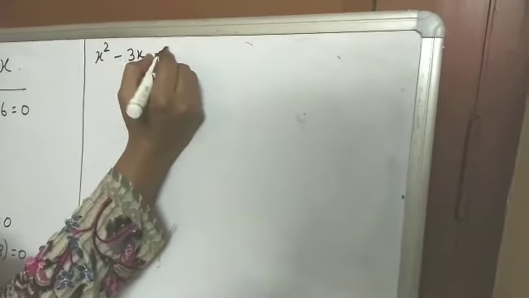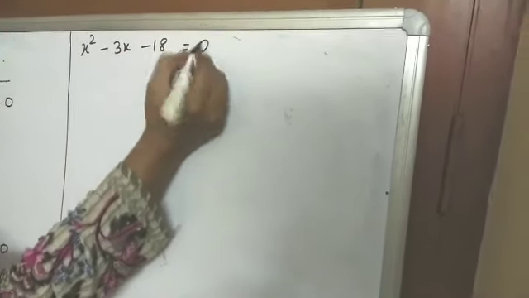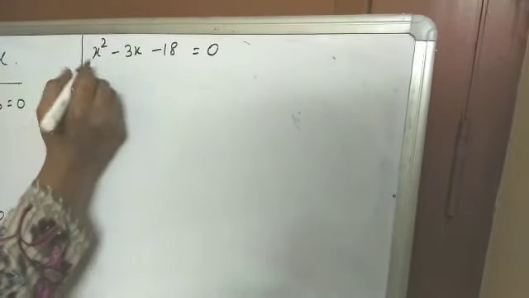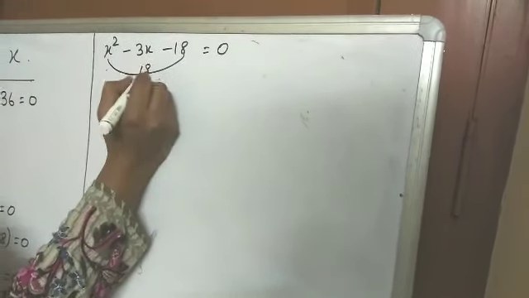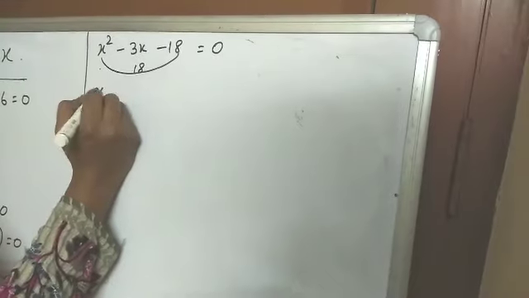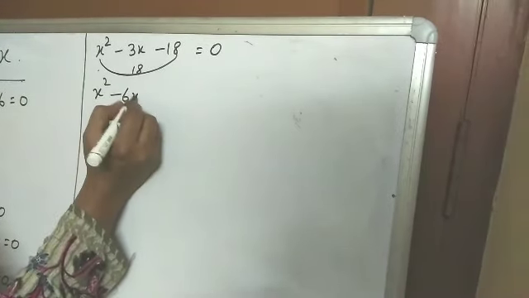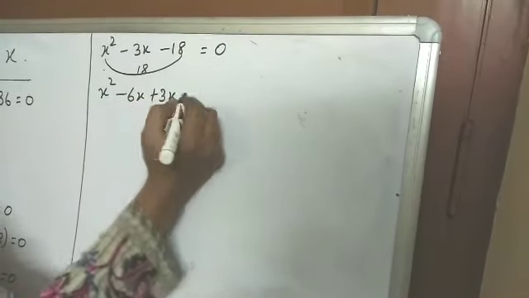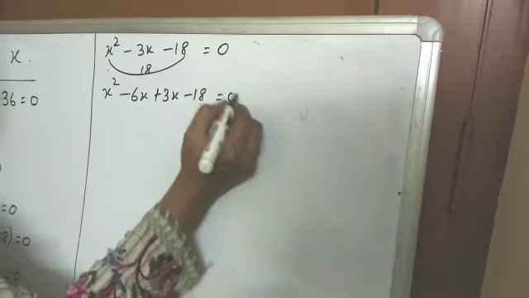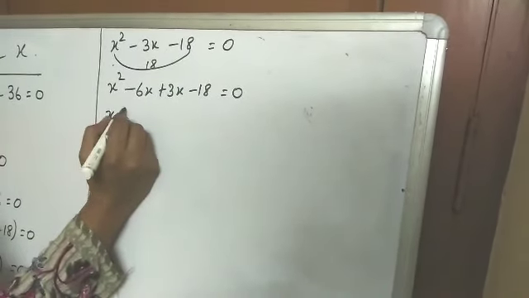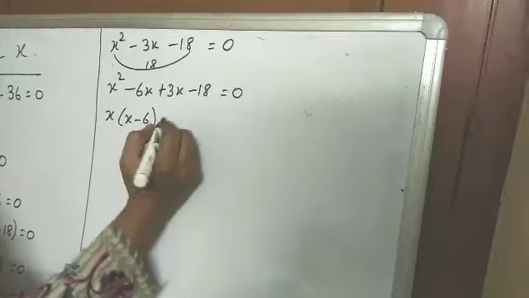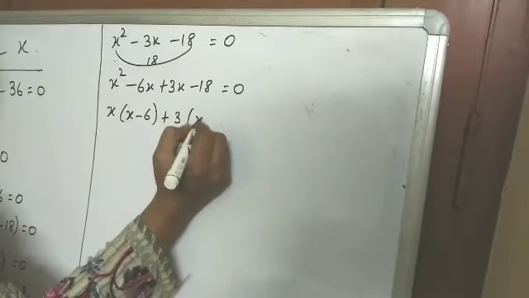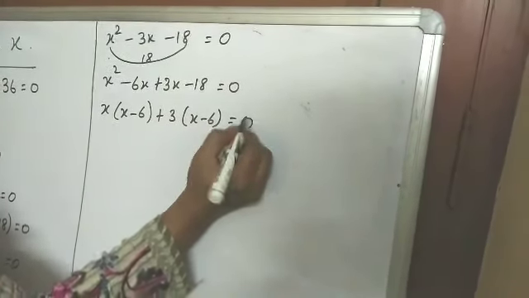X squared minus 3x minus 18 is equal to 0. So 18, 6 3s are 18. So x squared minus 6x plus 3x minus 18 is equal to 0. X minus 6 plus 3 x minus 6 is equal to 0.